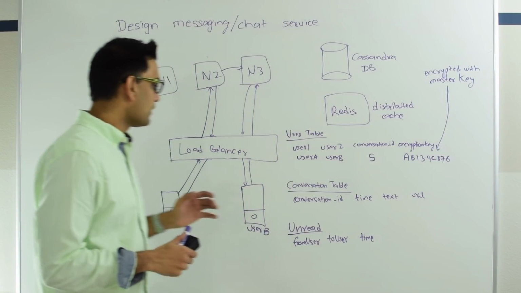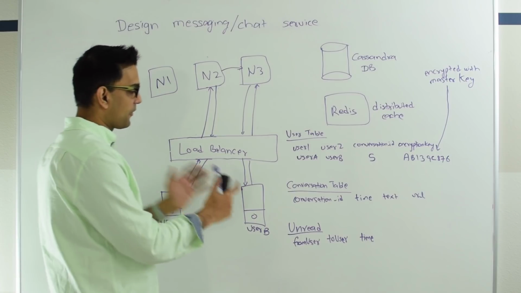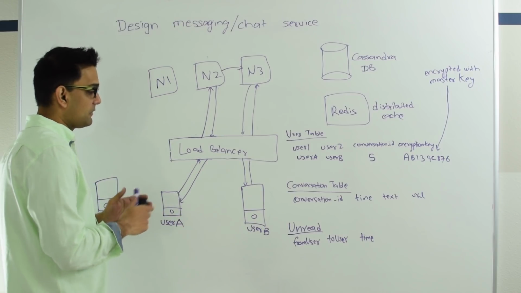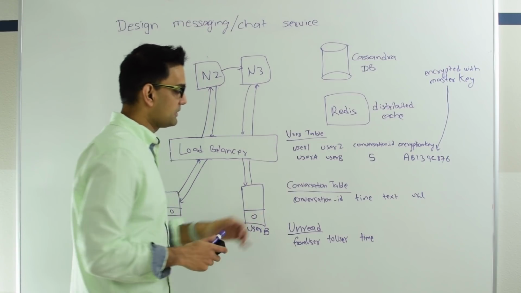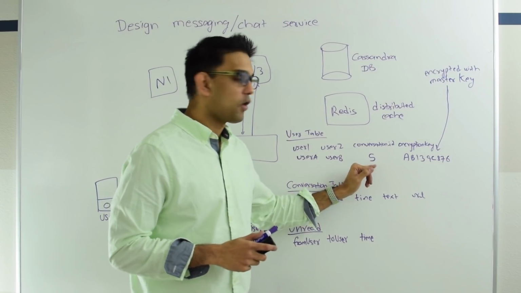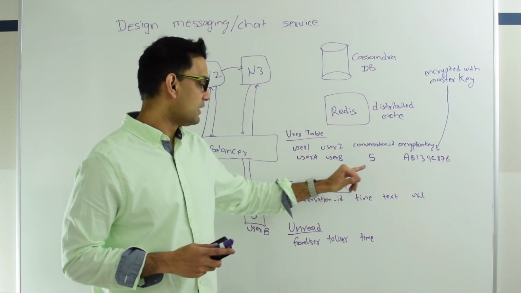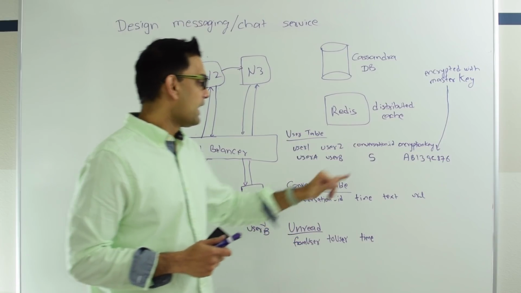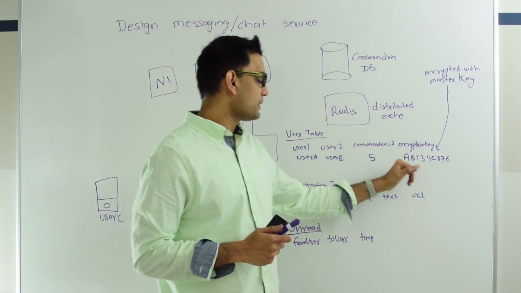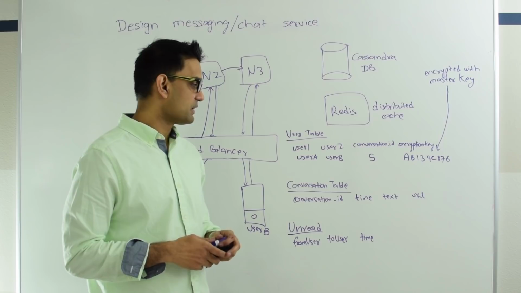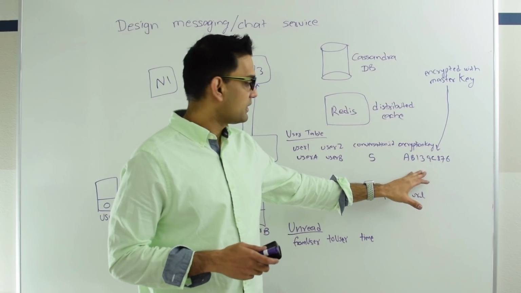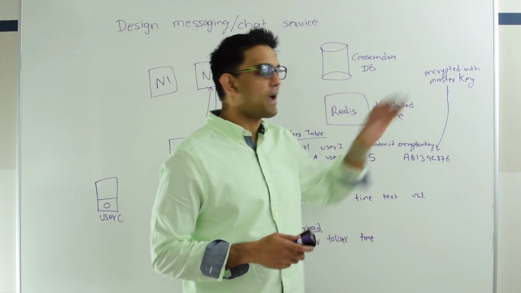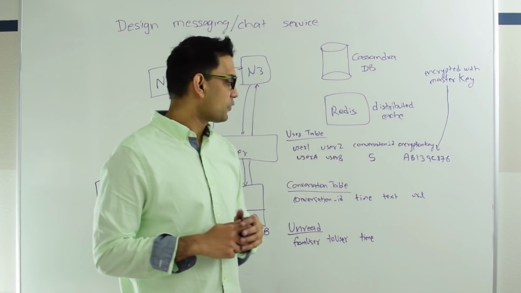Here, when user A becomes friends with user B, we are going to put an entry into this table saying user A, user B, their conversation ID. It will be a unique generated number, and an encryption key, which will also be a randomly generated encryption key. But while it is stored here, it will be encrypted with another master key, which Facebook will store somewhere else.